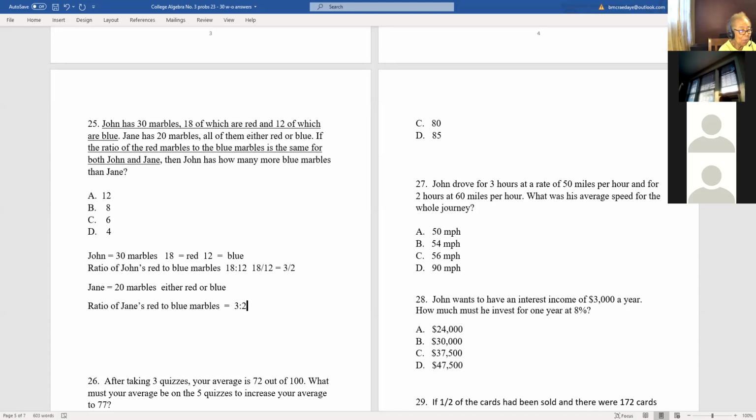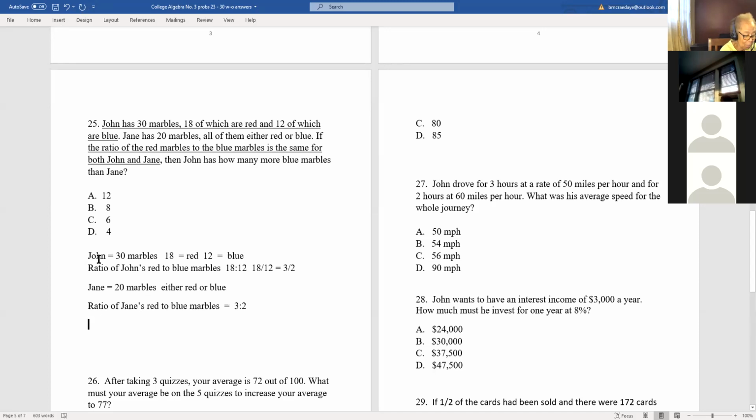How would we set up a ratio and proportion for Jane? We know the ratio is 3 to 2. How would we set this up? 3 to 2 equal x over 20. No, 20 is the total.